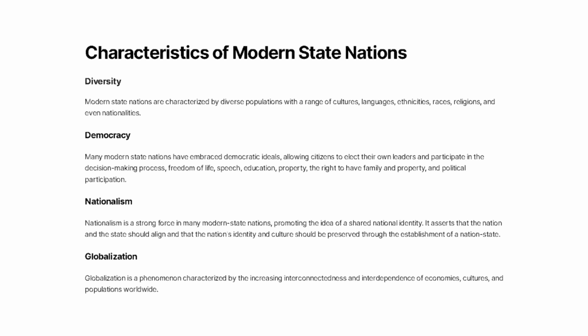They participate in freedom of life, speech, education, property, the right to have family, and political participation. Democracy is a system of government in which the power and authority are ultimately held by the people. So people can hold the government accountable, and the government is answerable to the people.